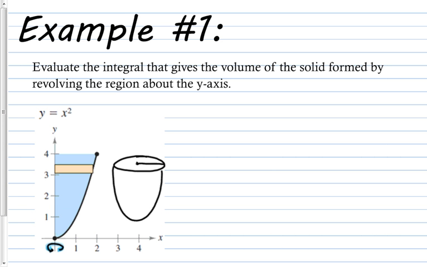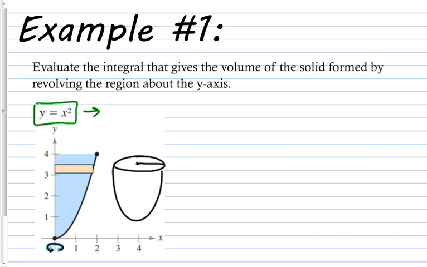Normally, we have like y equals 3x squared or y equals 5x, whatever. But for this, revolving around the y-axis, I need my equation to be x equals something. So the equation that they gave us is actually not going to work out for us. I'm going to have to make this into x equals something.